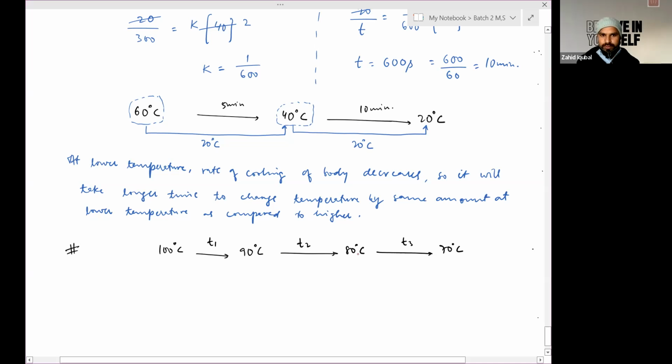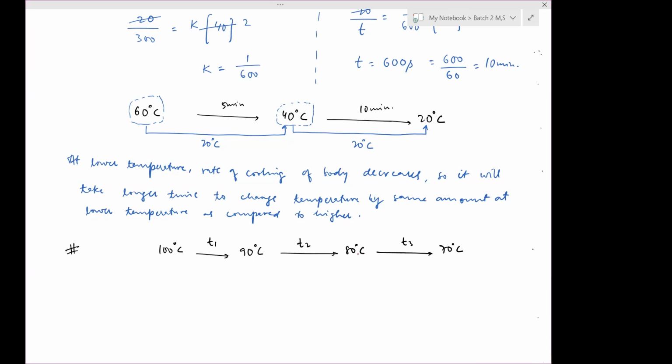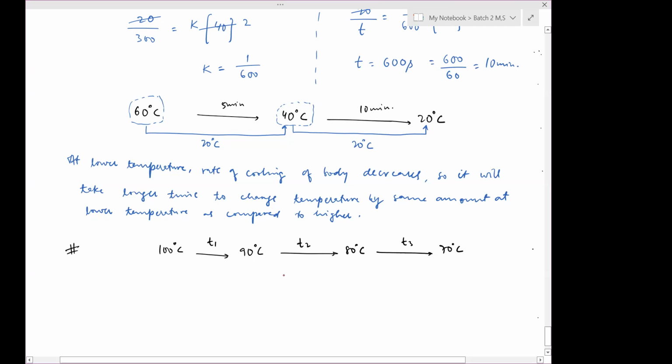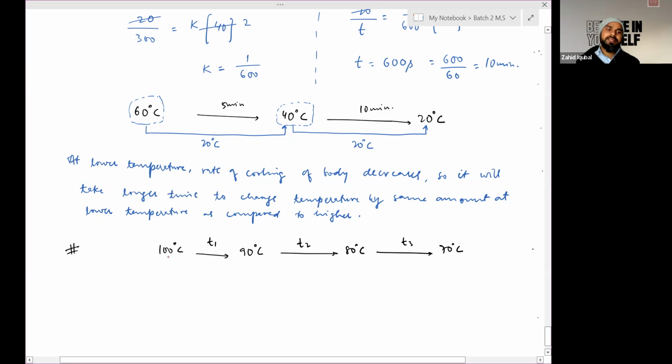Are they all equal, or is there a different relation between them? Samaira? They will be different. Good. Which one will be smaller and which larger? The smaller one will be t1 and the larger one will be t3. Good. Since initially the object has a temperature of 100 degrees Celsius, its rate of cooling would be fast, so it will take smaller time to change by the same amount. So t1 will be least, then t2, and then t3.